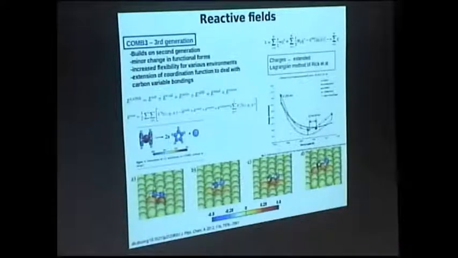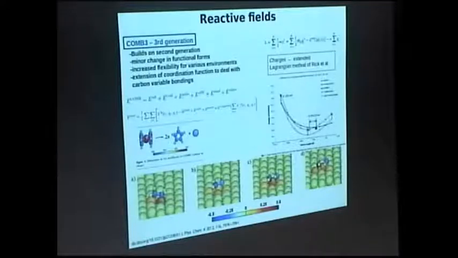Then with these improvements, they were able to expand the description for more complex systems. For example, here we can see the metallocene made out with copper. Here the colors indicate the charges, okay? The red are positive, blue are negative charges.